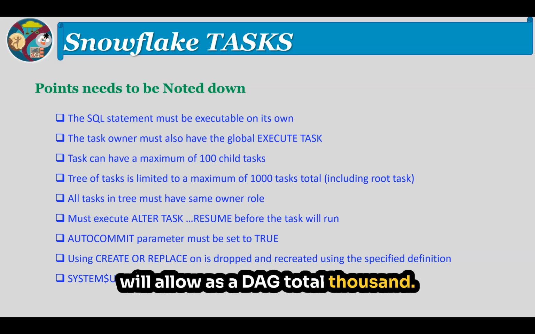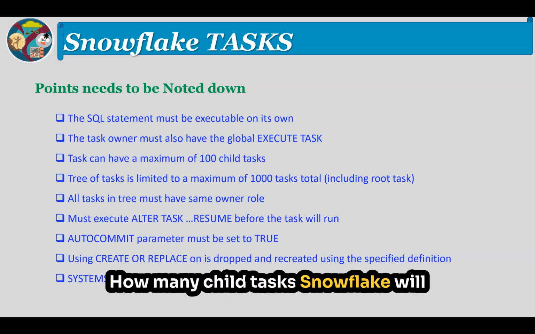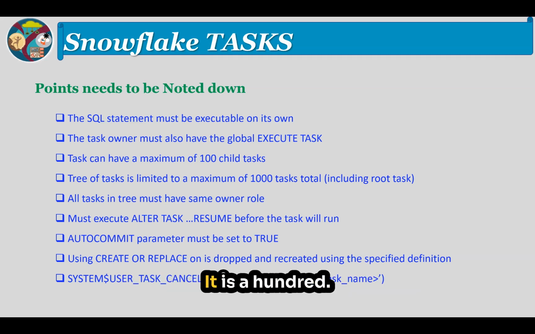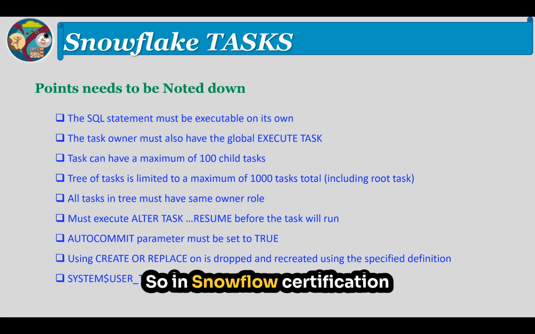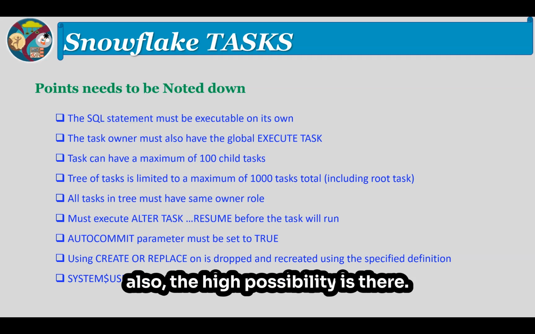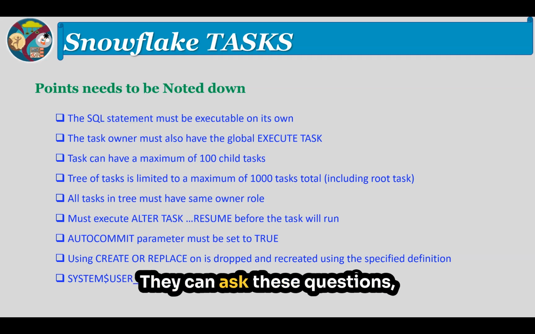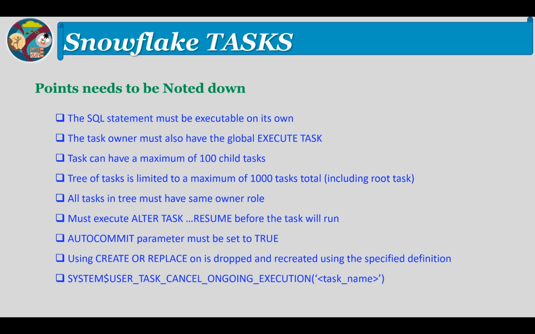Total 1000. How many child tasks will Snowflake allow for a parent task? It is 100. In the Snowflake certification also, there is a high possibility they can ask these questions.